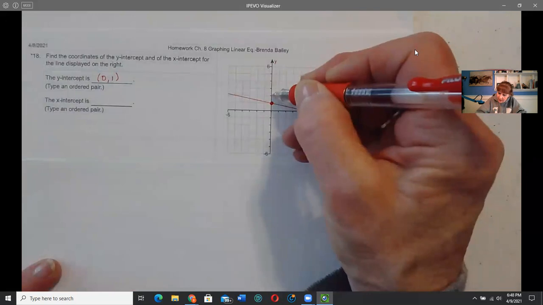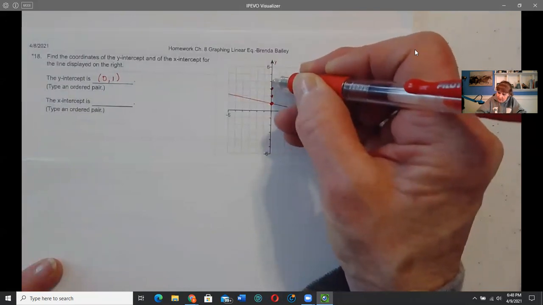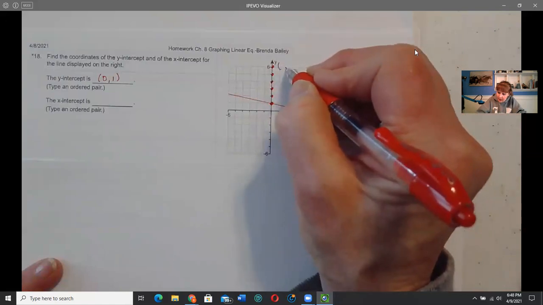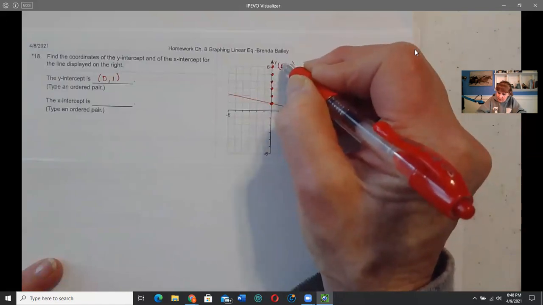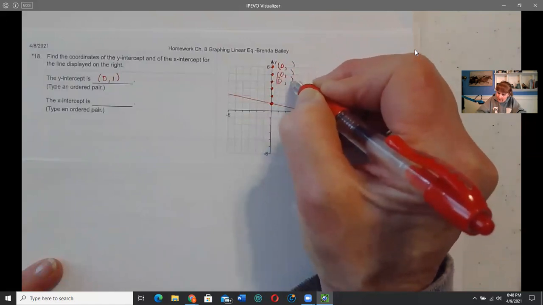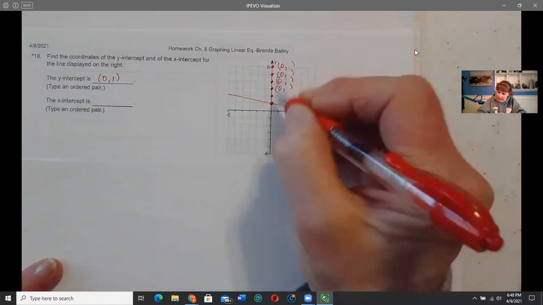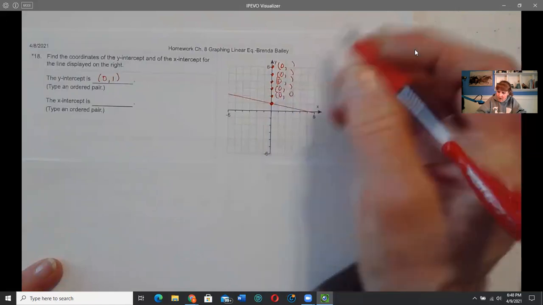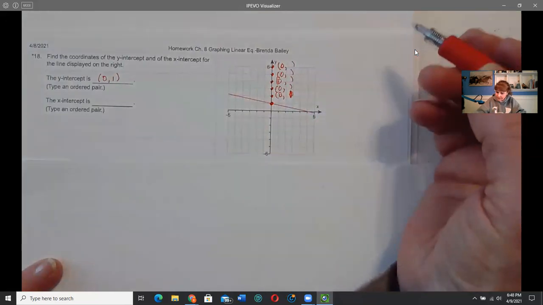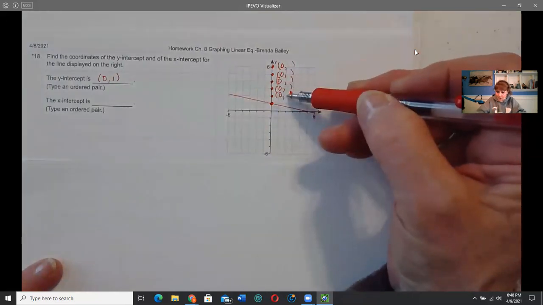Any point along here, we've kind of talked about this before, all of these points, the x coordinate is 0. The x coordinate is 0 whenever you hit the y-axis. All of those have an x coordinate of 0. Now the y value changes.